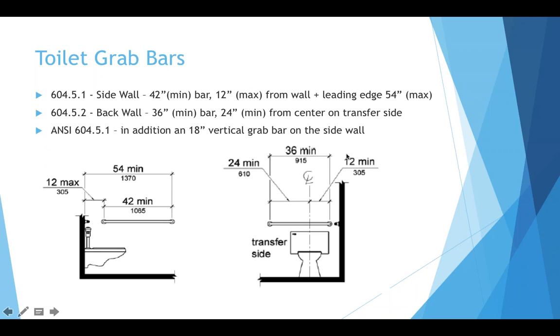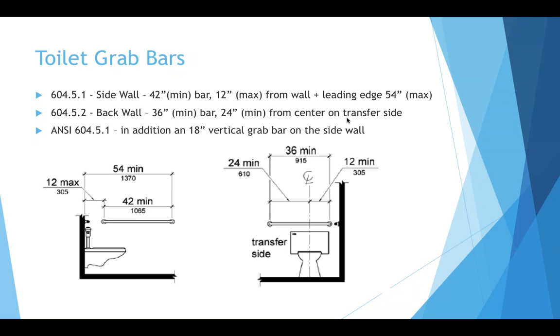Same thing jumping into the grab bars: you have the side wall and the back wall. And it used to be a little simpler. When the toilet was set at a static 18 inches from the corner, they used to tell you on the back wall that the 36-inch grab bar was 6 inches from the corner.